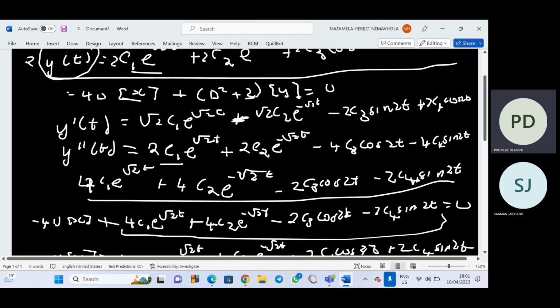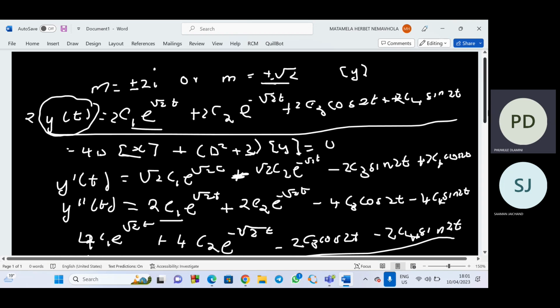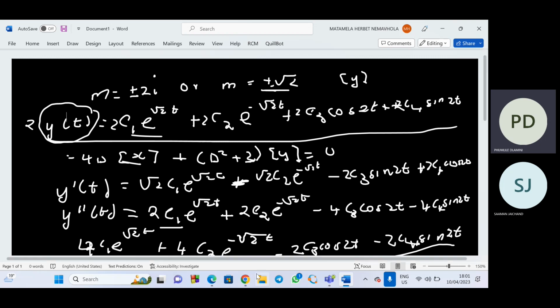Remember, here I was just changing things so that you can see what happened to get those results. I multiply by 2. We can just eliminate the 2 here, this one and this one. Then this becomes the equation of y.